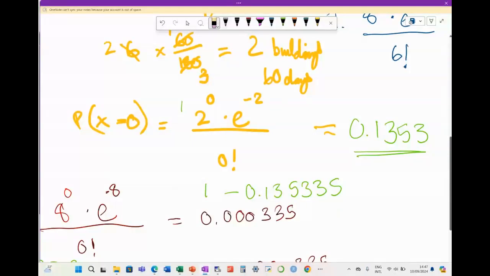And if we throw into our calculator 0 and then your factorial, this is where you get 1. So 1 minus 0.135335 equals 0.864665 divided by 1.